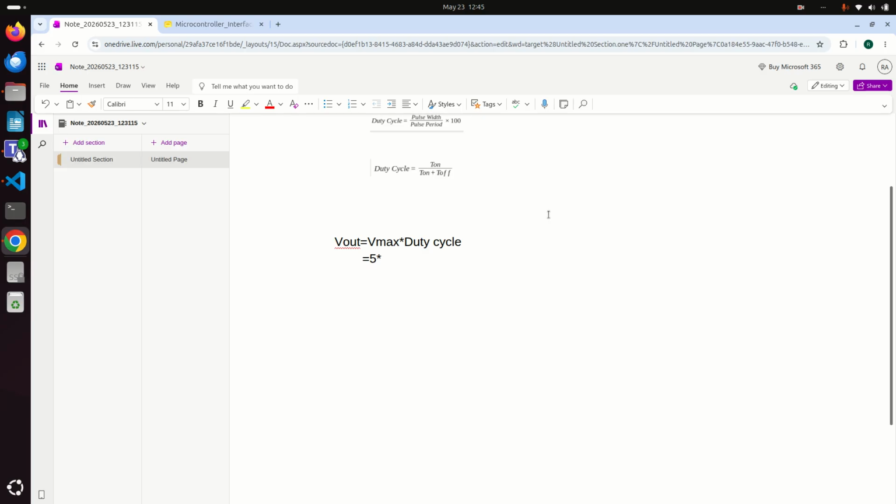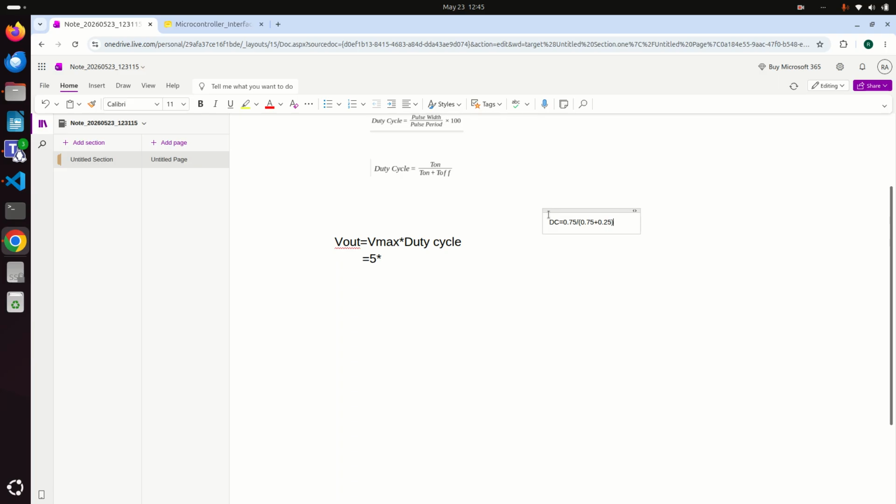Let's find the duty cycle. Here I am using the shortcut DC. 75% means 0.75 is the on period, and the sum of on period and off period, T on plus T off, is nothing but 0.75 plus 0.25.